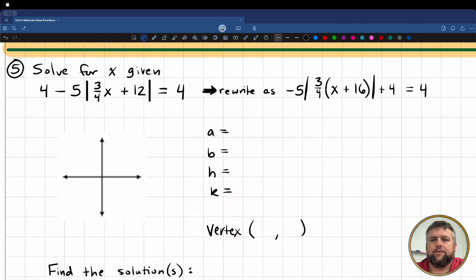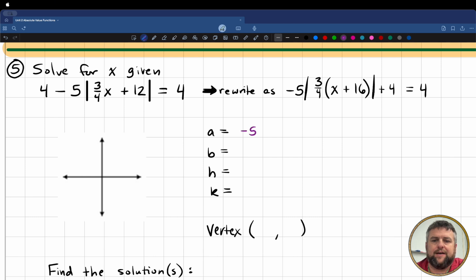Okay, now for this part here, our a is negative 5. And what does that negative 5 actually refer to?